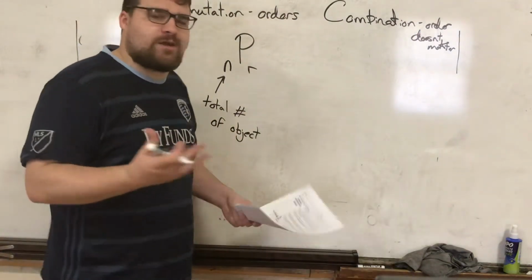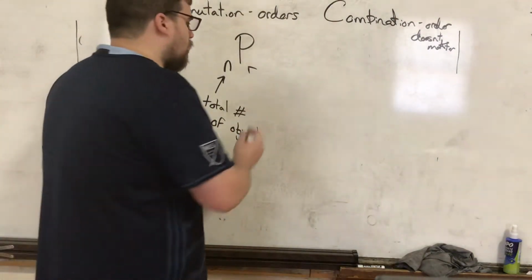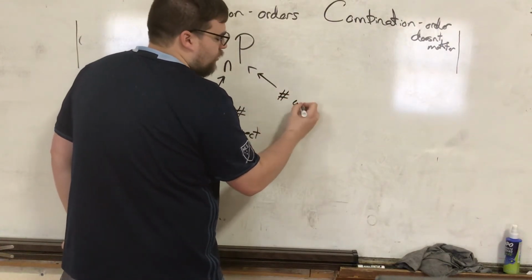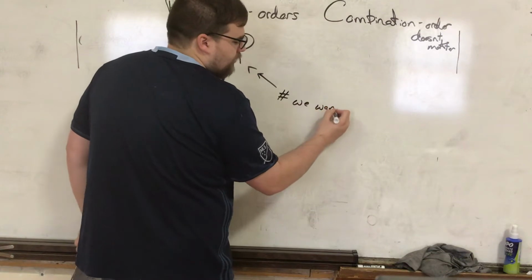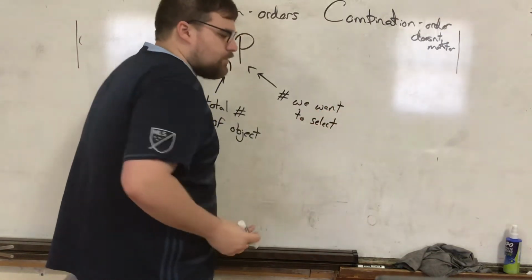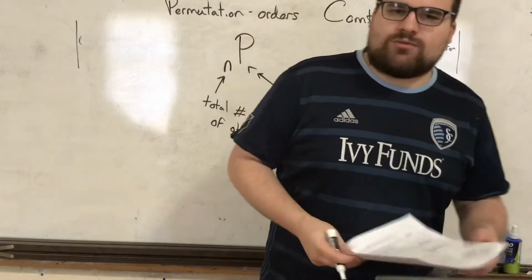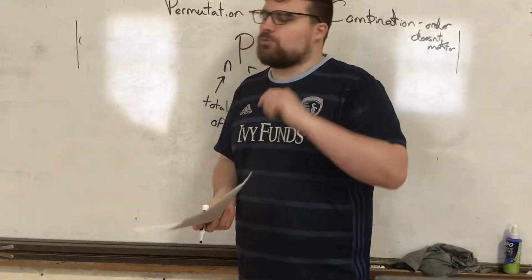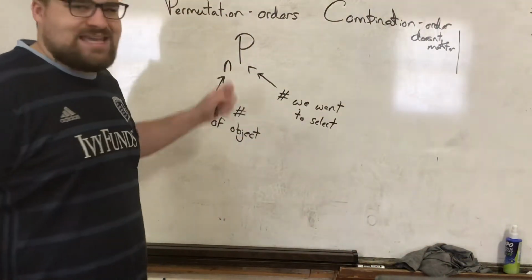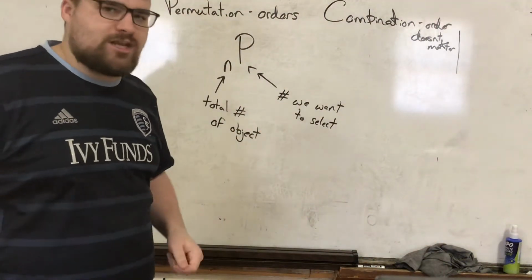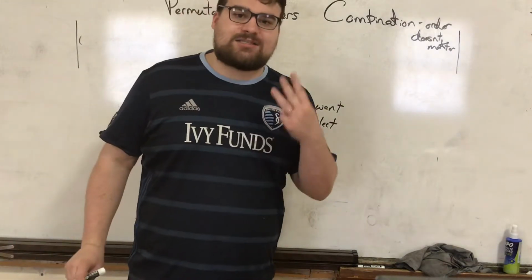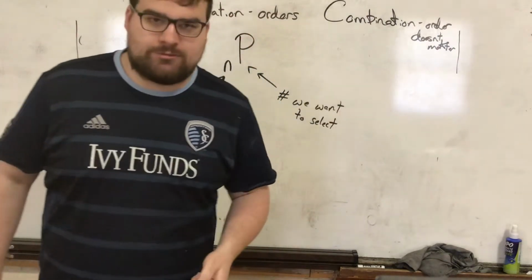The total number of whatever we're dealing with. R is the number we want to select. So using that race example, if we have 20 people in a race and we're just awarding first, second, and third, then we would have the N value be 20 because there's 20 people participating. And the R value would be 3 because that's the number of spots we care about, right?